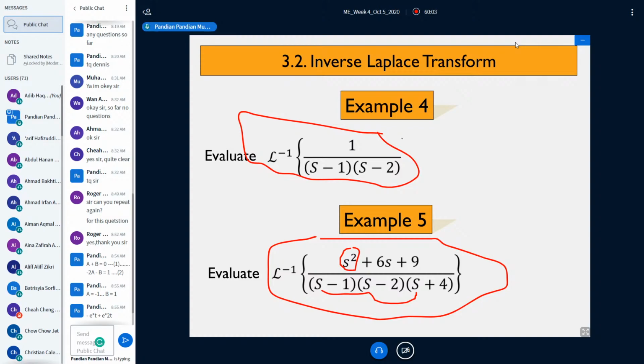For the s squared: A s squared, B s squared, C s squared, all positive. For s, left hand side, you have 6s. This is for s squared, 1 s squared. That's why 1.